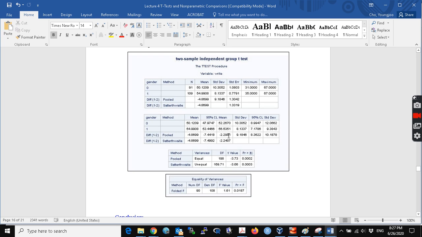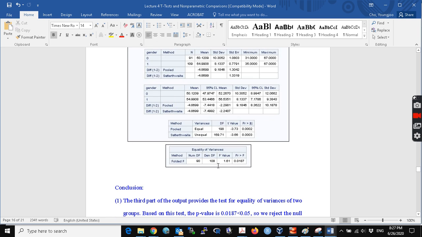And also we have the difference between the means, with confidence limits for pooled and Satterthwaite. And then we need to concentrate on the third part here and the fourth part here.